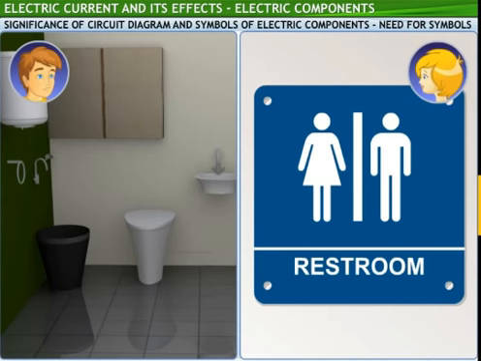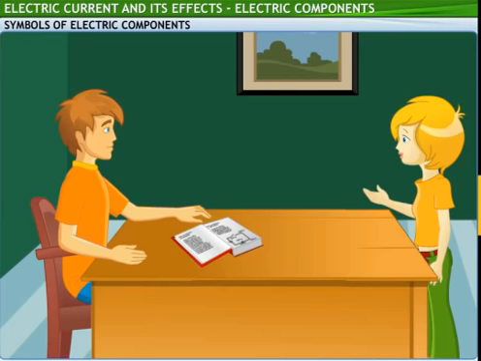It would be difficult to draw an actual restroom as an indicator, right? Yes, I see what you mean. It does make sense to use symbols. So, what are the symbols for different electric components? Let's see. I will show you the symbols of some commonly used electric components.